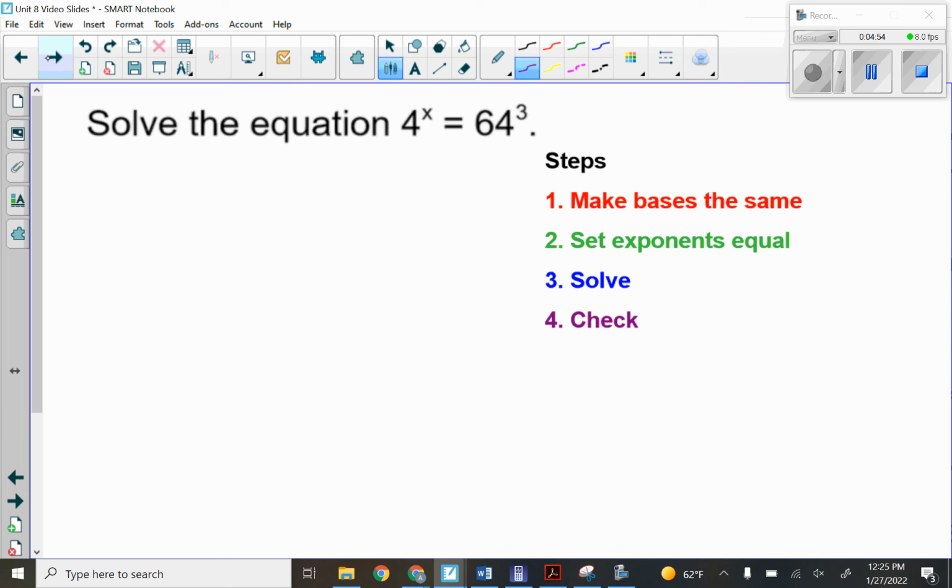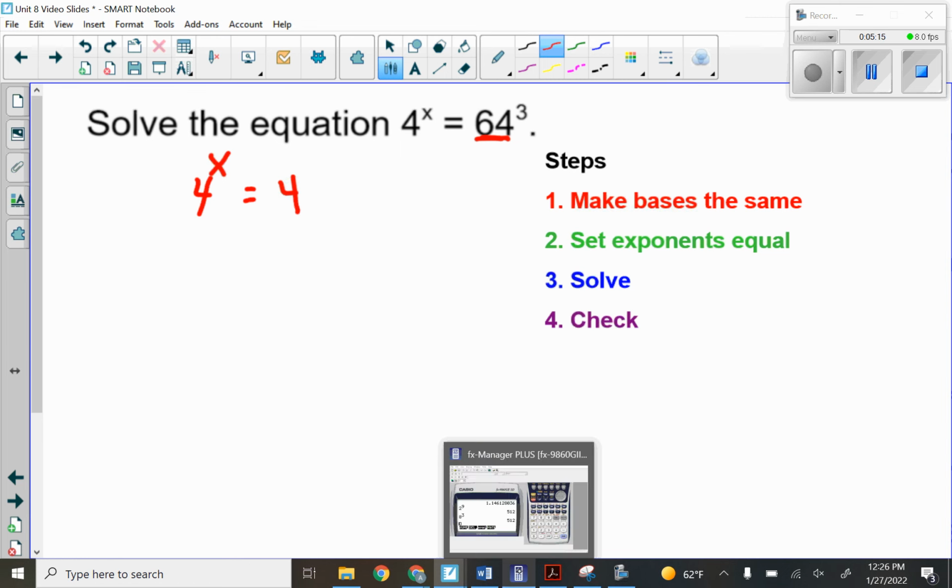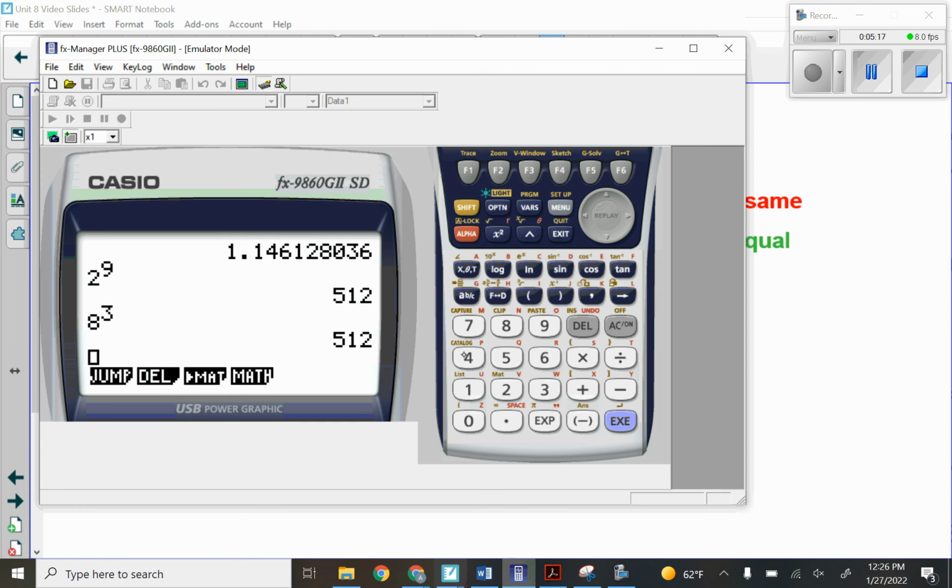Okay. Solve the equation. 4 to the x equals 64 to the 3rd. Step 1, make your bases the same. In this case, they are not the same. So 4 to the x equals 4 to the something. Now, if you're not sure what we need to raise 4 to, you could always trial and error in your calculator.